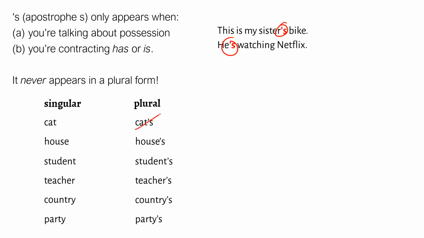Cats is not apostrophe S. Houses is not apostrophe S. Students, not apostrophe S. Teachers, no. Countries, no. Parties, no. Only when we talk about possession in this case, right? So this might be the cat's house, right? That's correct, because it indicates that it's something this cat owns for some reason.